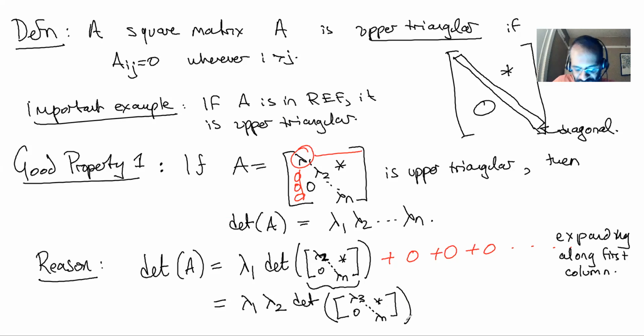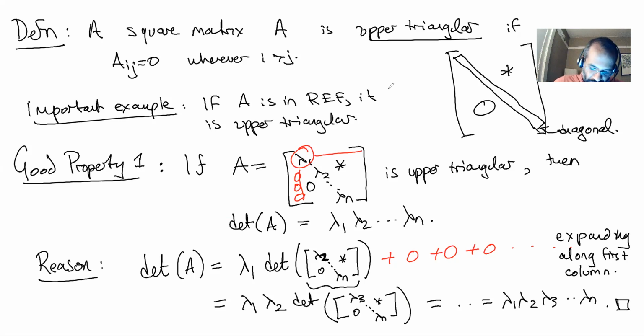So every time I peel off one entry, I see all these new zeros. And if I repeat, I just get lambda 1, lambda 2, lambda 3, up to lambda n. Okay, so upper triangular matrices are great, as far as the determinant goes.